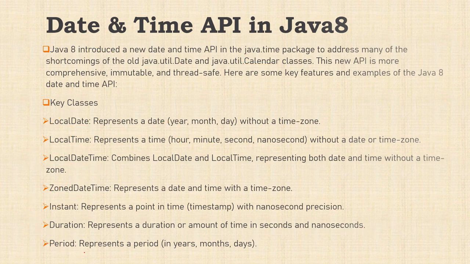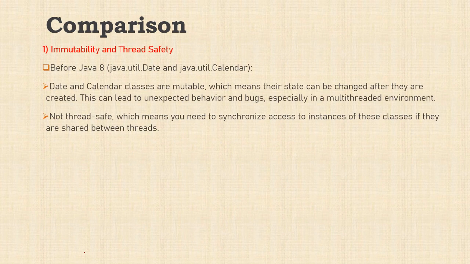So we are going to do a comparison of immutability and thread safety. Before Java 8, we had the java.util.Date and java.util.Calendar classes, and with the help of those we can do date related things.